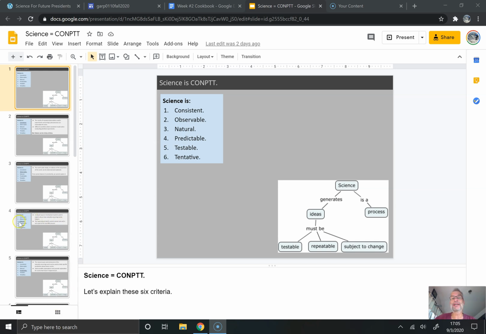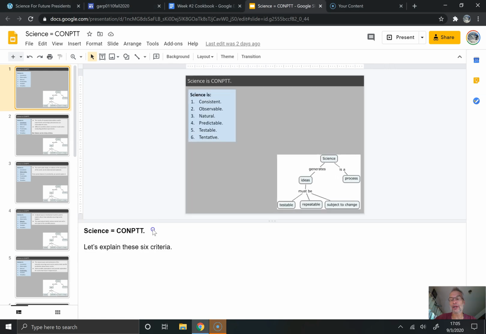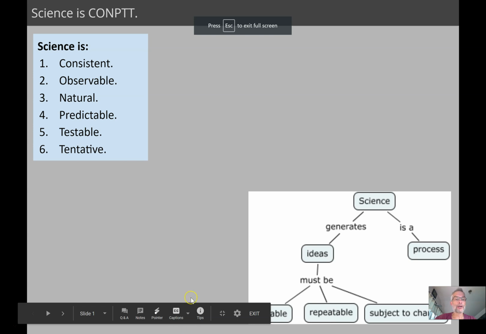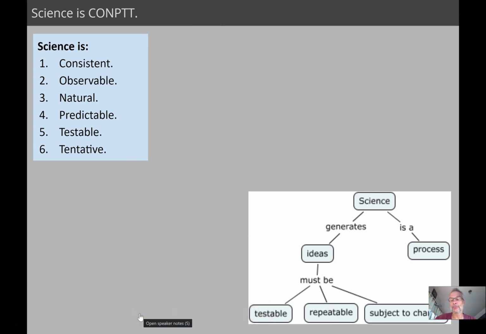So what we have here is a Google slide deck, and you can look at this in many different ways. You can look at it this way. Make sure you realize you can adjust the slider here so you can read my speaker notes below. You can also go into the present mode and look at it like that. And then you maybe want to click on the notes option here.